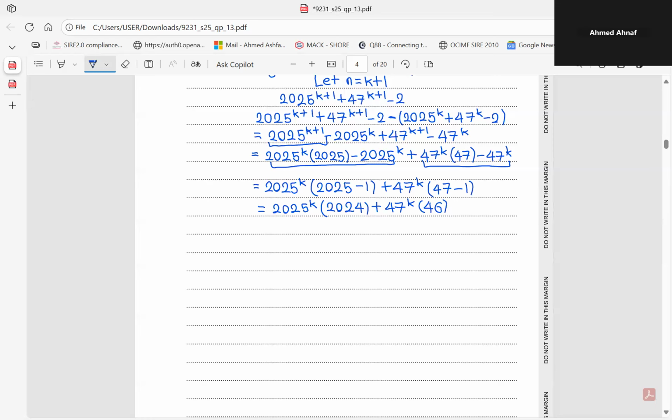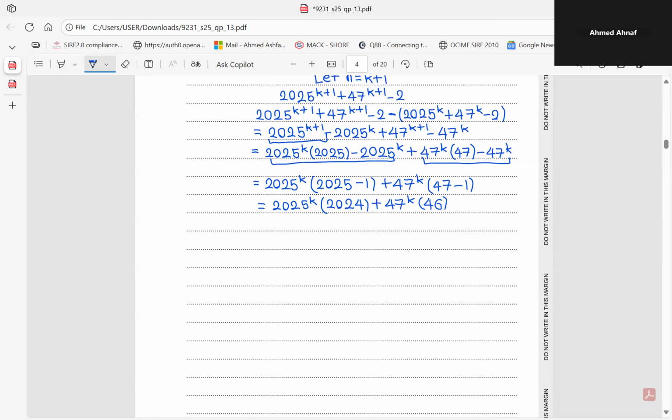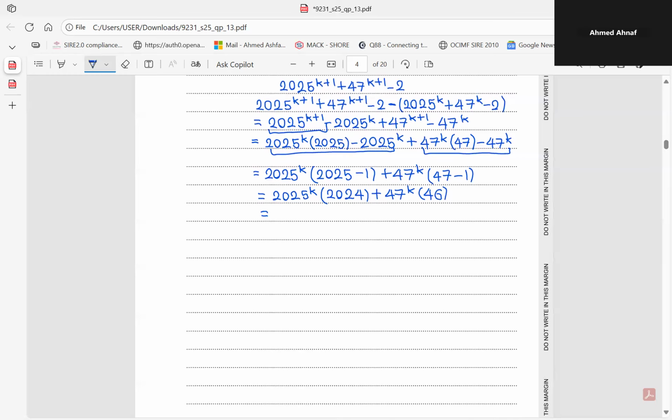Now let's try to factor out 46 from this whole expression. Let's see if 2024 is divisible by 46. Yep, you would get 44. So 46 times 2025 to the power of k times 44 plus 47 to the power of k times 1, or just 47 to the power of k.